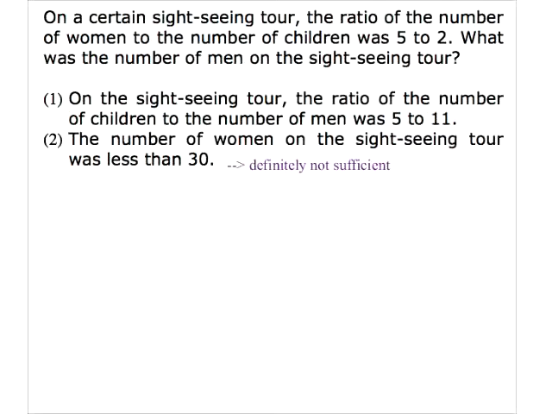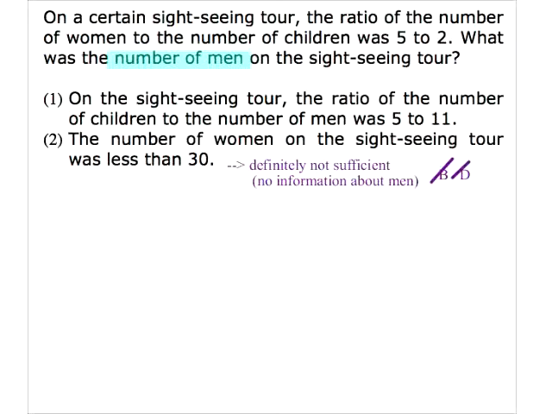The question asks about the number of men, and there's no information about men at all in the prompt, and no information about men in statement 2. So B and D are gone. I don't think anybody picked B or D, so good.